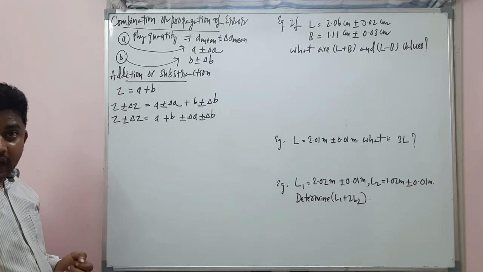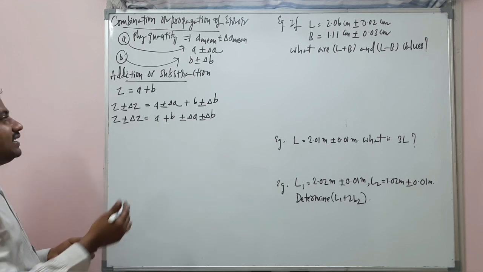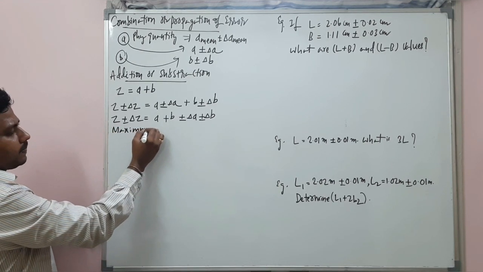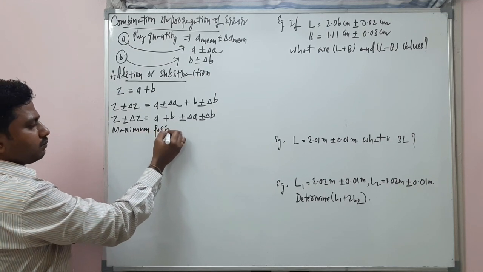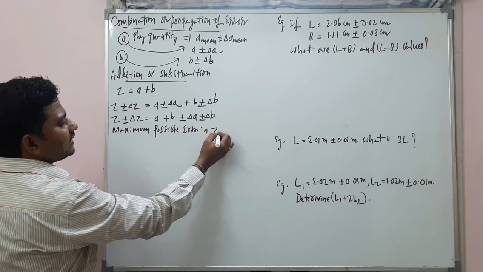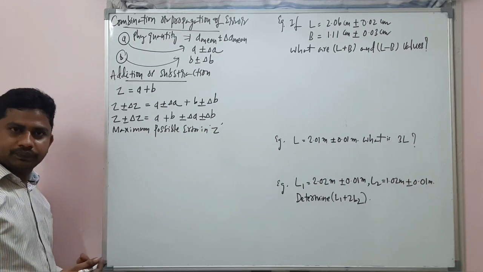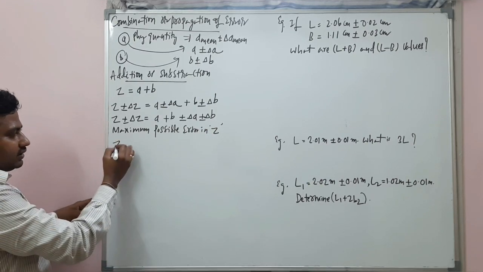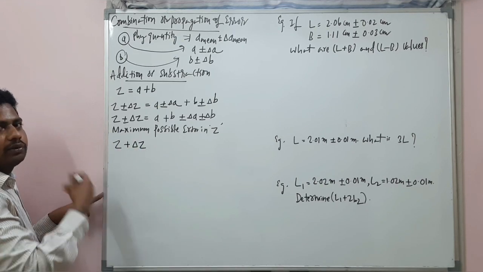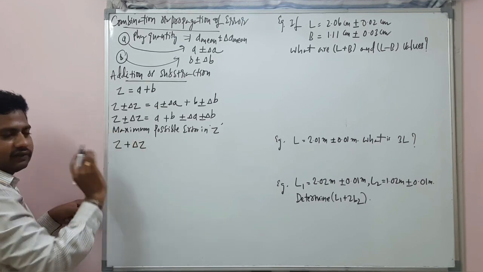Our concentration is on the maximum possible error in Z, that means the final value Z plus delta Z. We are talking about the maximum only, that is why the negative is removed.